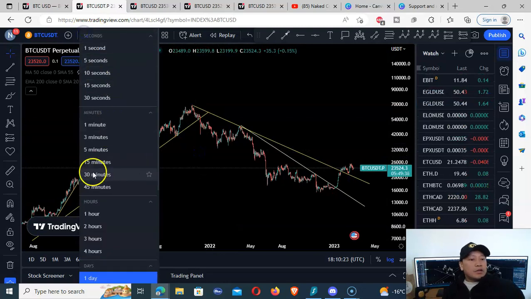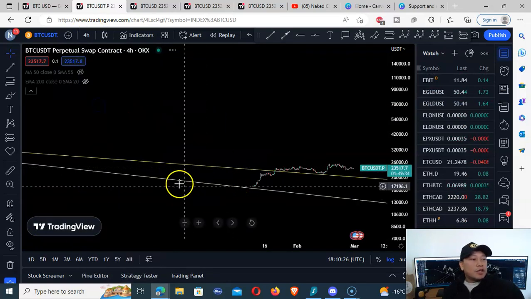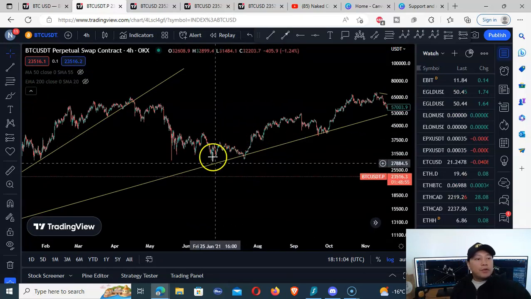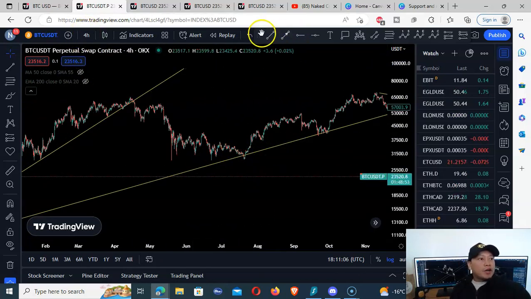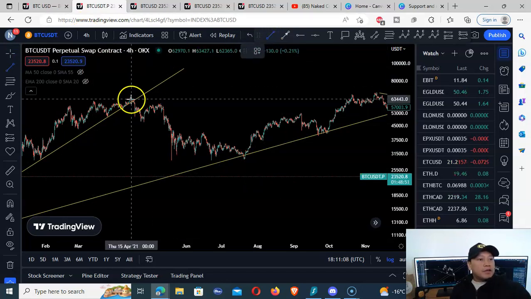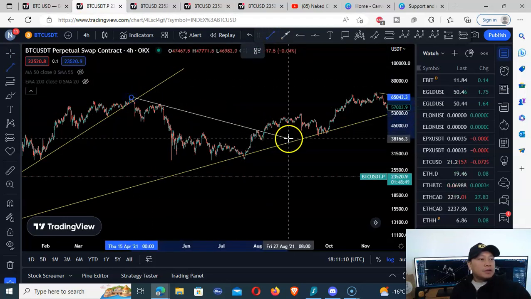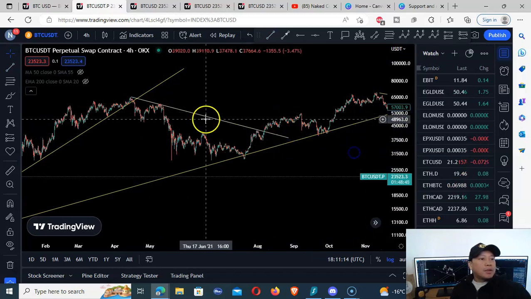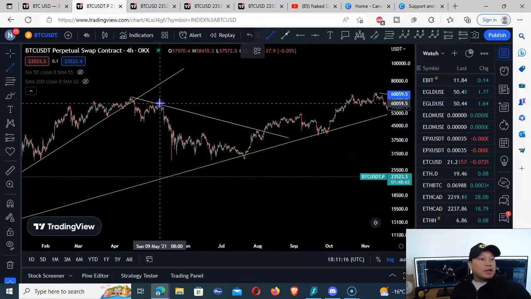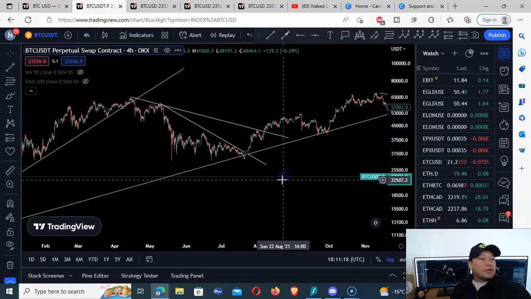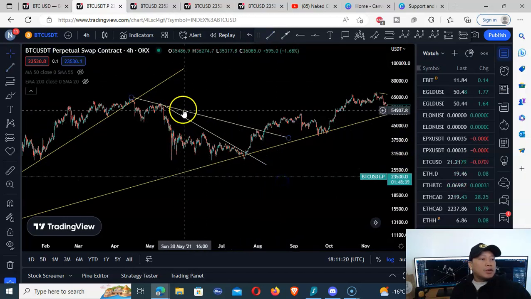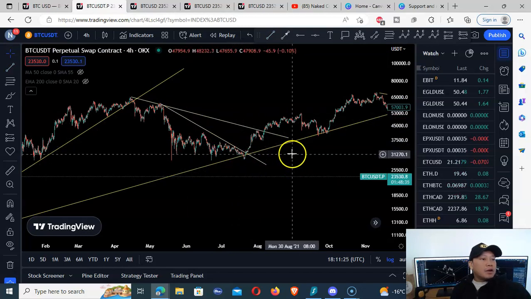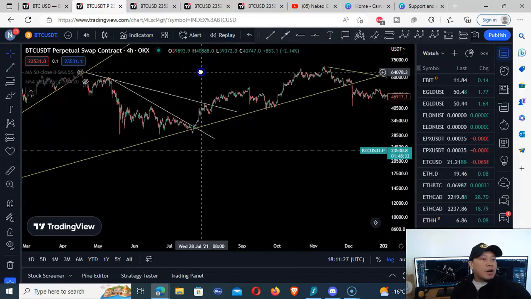Okay, let's go to the 4-hour chart. Similar, guys. From here to here, look at that: 1, 2, and the price goes up. Here's another trend line, somewhere here. The price reacted on these areas and the price went up.